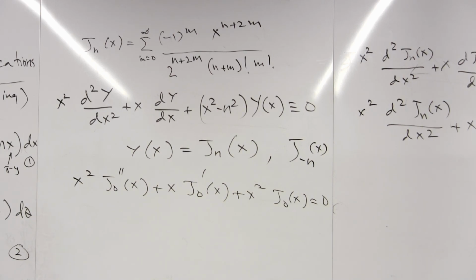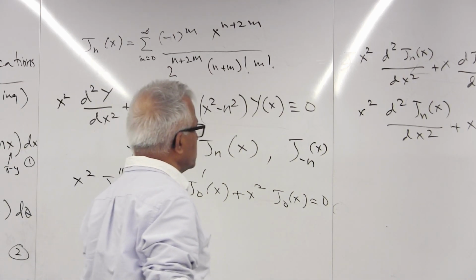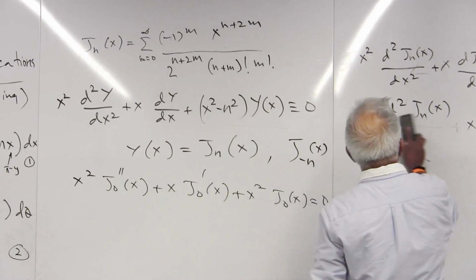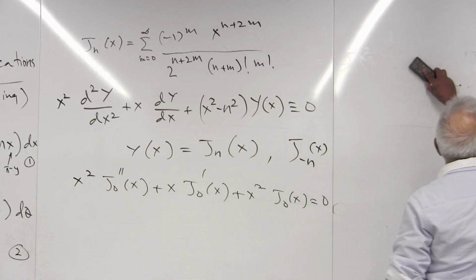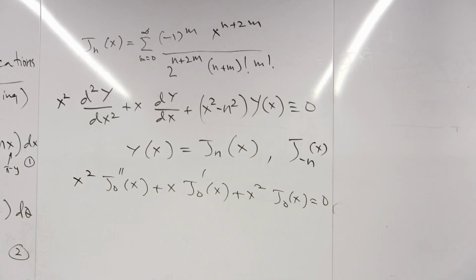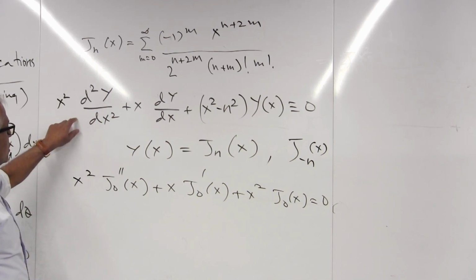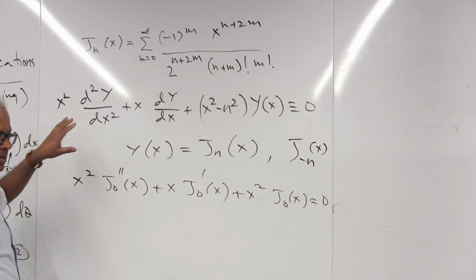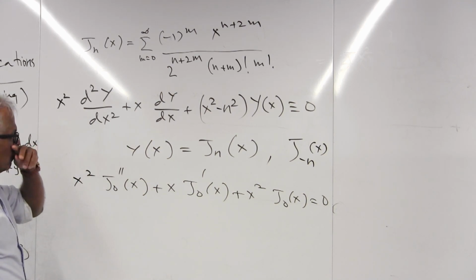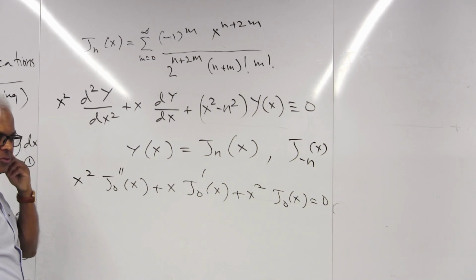I want to discuss two applications, actually one application, but 2-3 different cases. In a problem, if you can bring the problem to either one of these differential equations, then the solution will involve J_n(x).